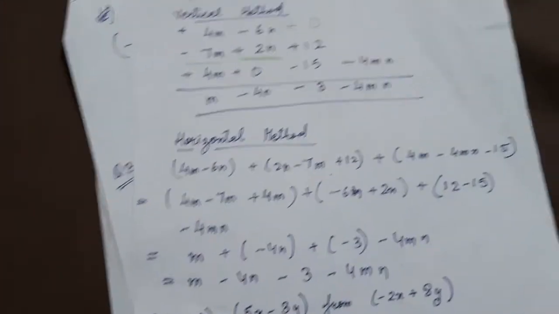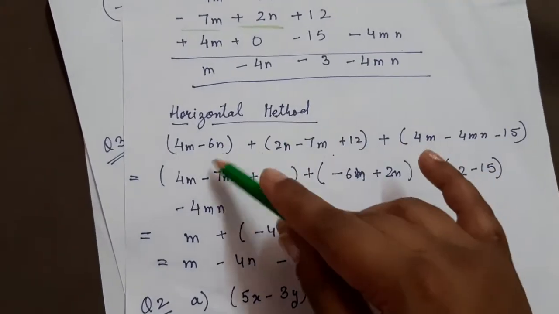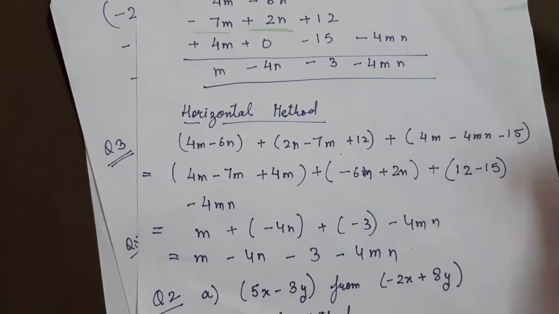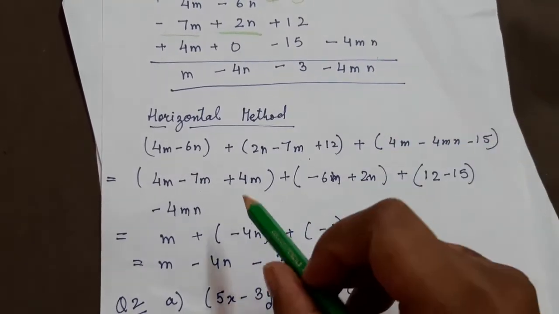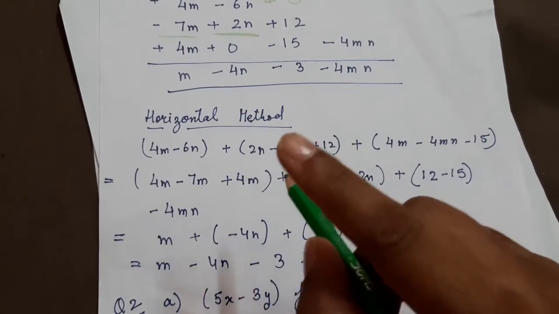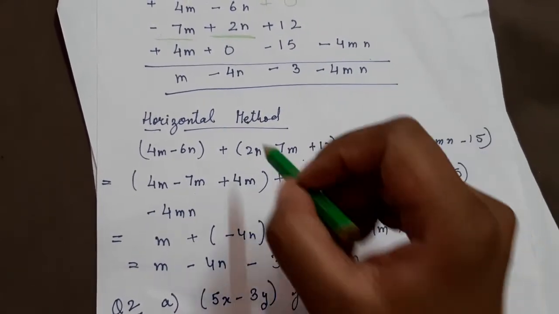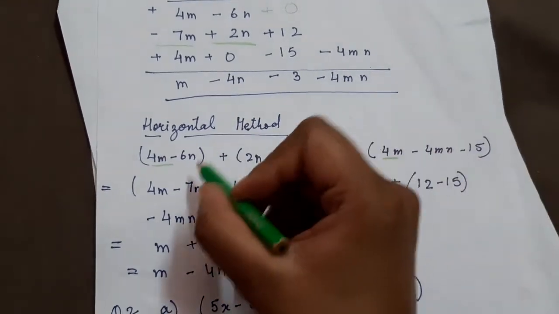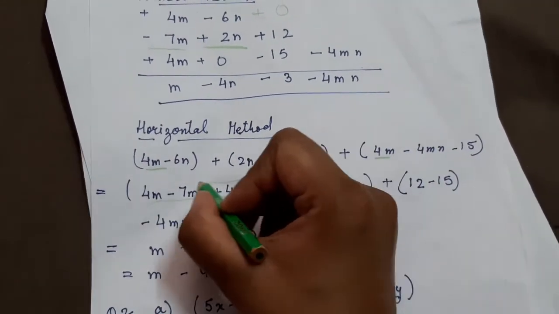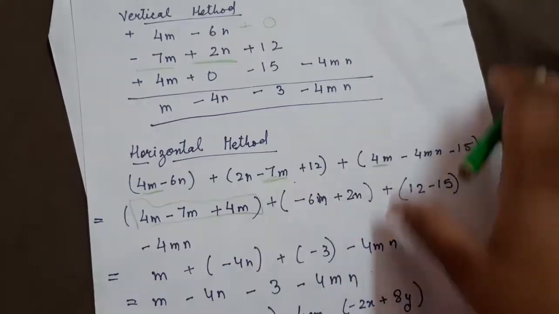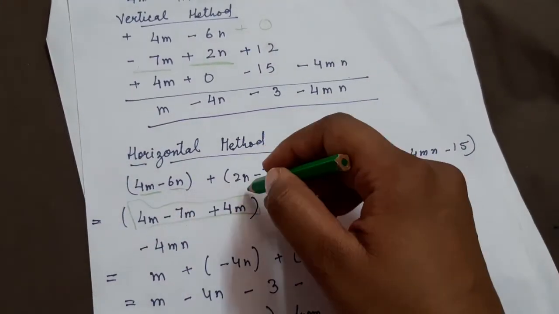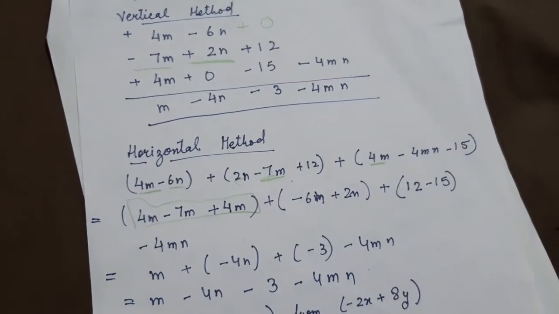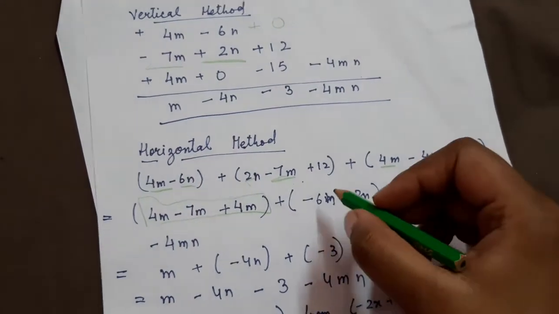Now let's see the horizontal method. We have written the terms, putting the add sign in between. Now first what we will do is we will put the like terms together, m, m, m. Then minus 6n plus 2n.